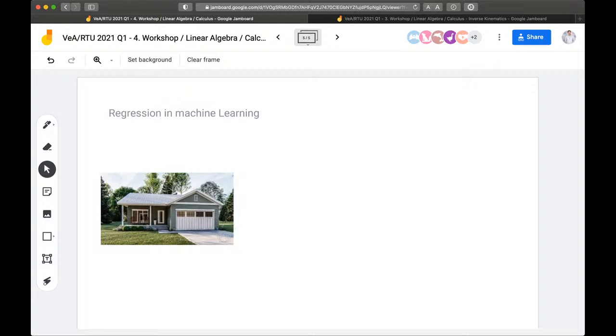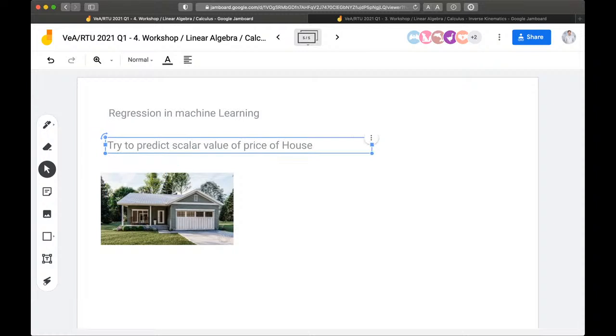We will try to predict the scalar value of the price of a house, depending on some features of the house. So that's going to be our task.